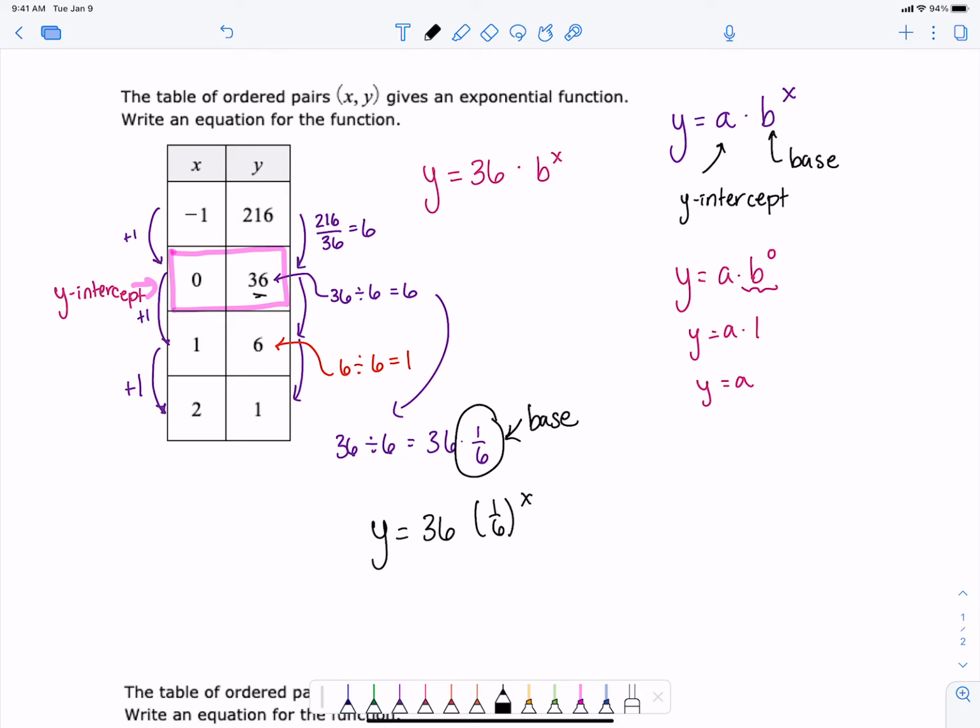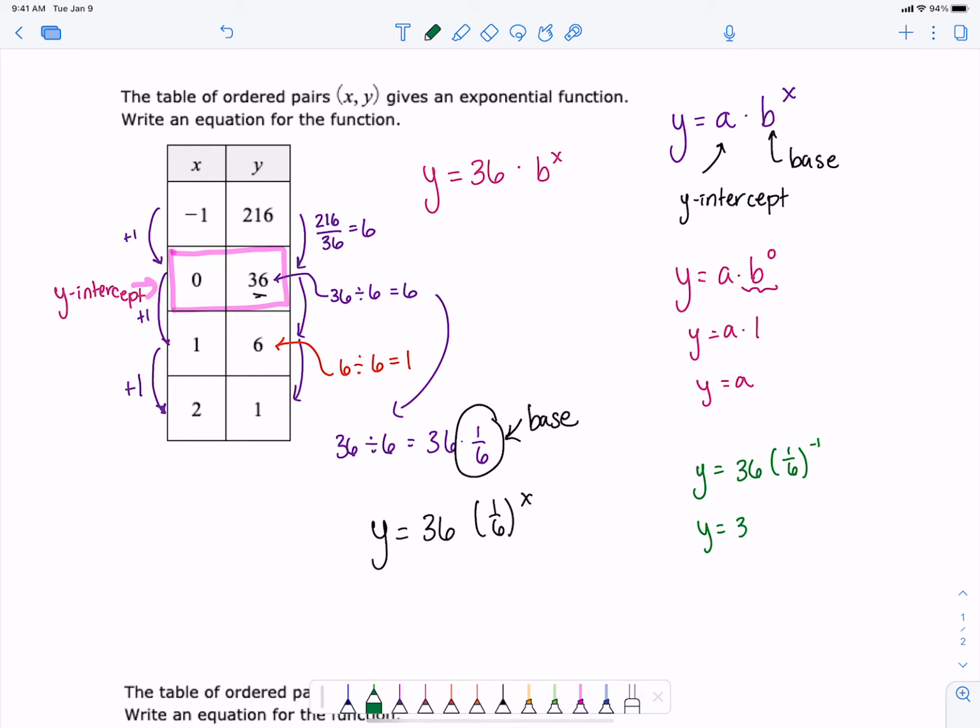Now what's nice about this is you can check all of your answers really easily, because we can take some of these x values, plug them in, and make sure we get the right y values. So I can grab my calculator and do 36 times 1/6 to the -1. You do want to be careful typing this into your calculator. You want to put parentheses around that 1/6, and also probably around your exponent of -1.